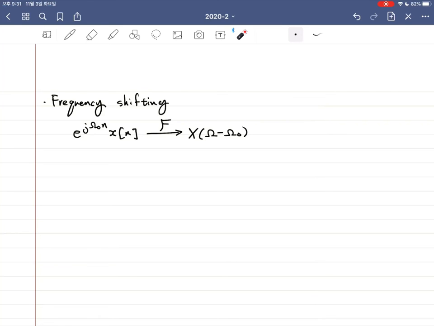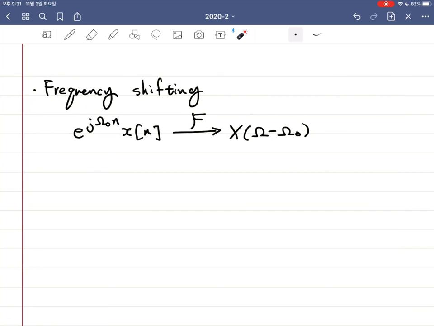Okay. And I'm going to go through this part quickly because we already did these parts during the continuous time. So the linearity property is also valid for discrete time.